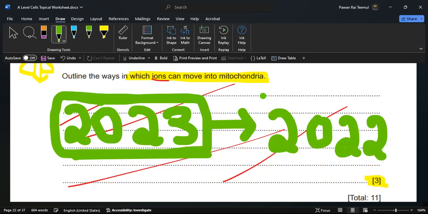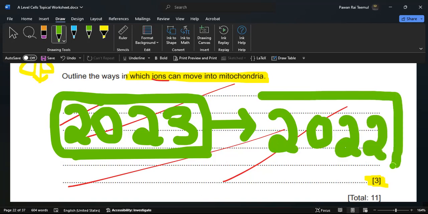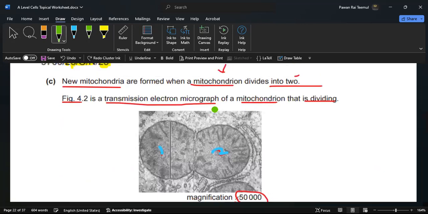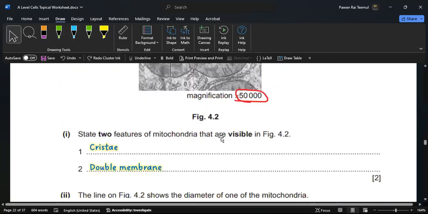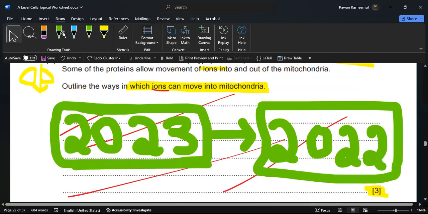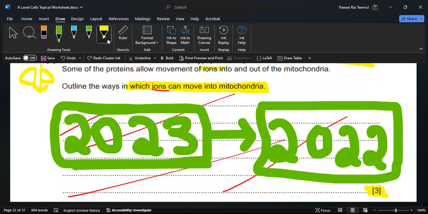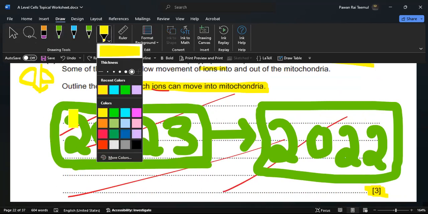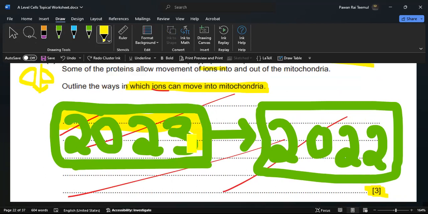I can't really confirm at the moment if each and every question of 2022 has been covered here, but we've completed questions from 2023 to 2022.